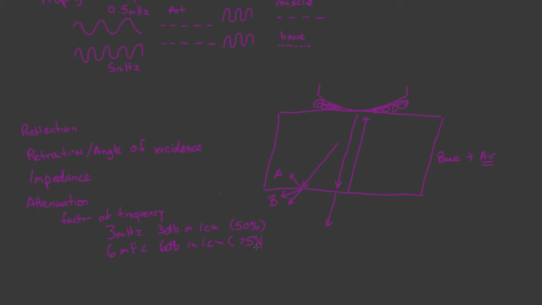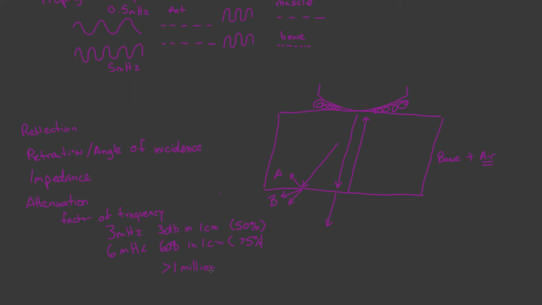And as you can imagine, if you're going through a lot of tissue, so say you're imaging something that's 10 centimeters or 20 centimeters in depth, you're going to be attenuated by a factor greater than 1,000,000. So that's a lot of loss of power.